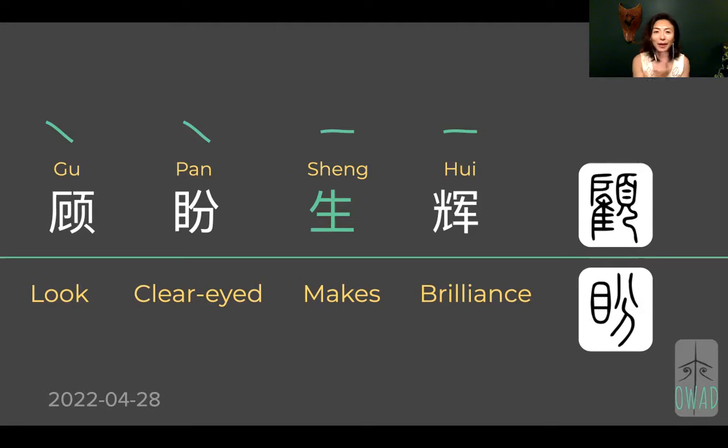So 顾盼 simply means when the girl looks around and you can see the eyes are distinctively black and white, that's beauty, that's appreciated. 生 here is the verb generate, and 辉 we talked about this word before. This involves the meaning maker and the sound maker. The meaning means light. The light and sound maker together create this brilliance. So that means light you see everywhere.